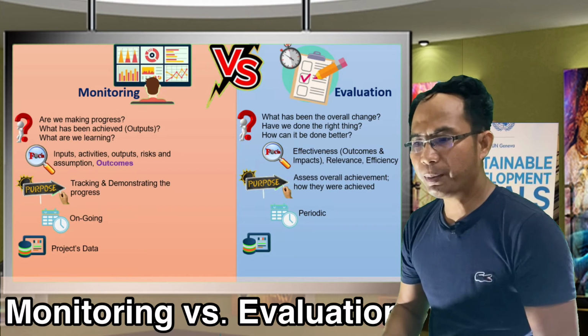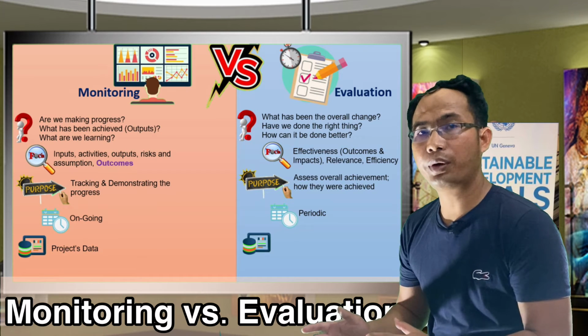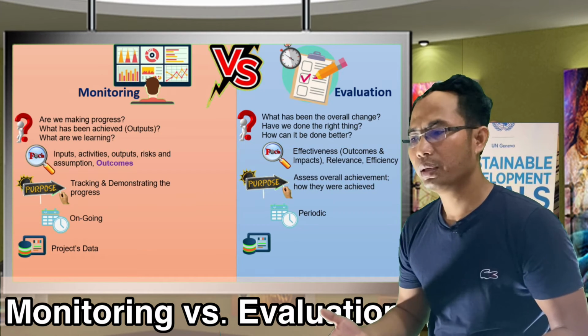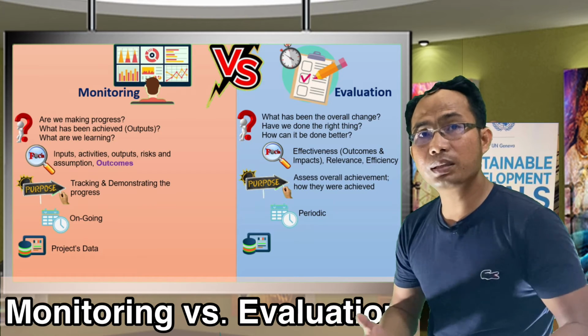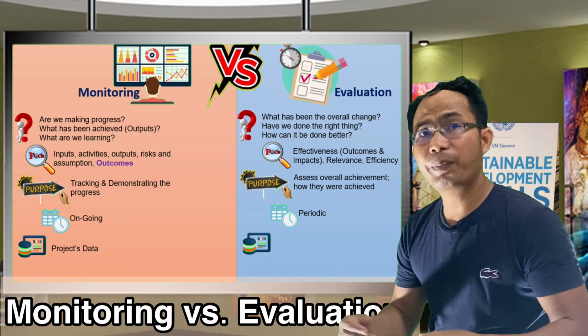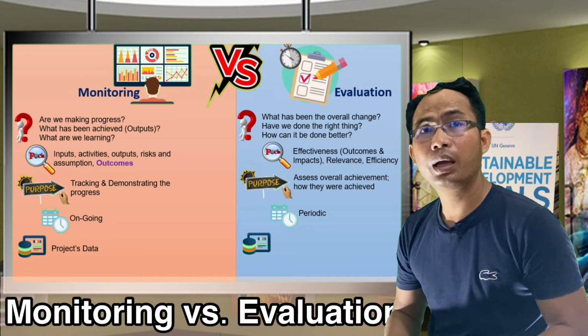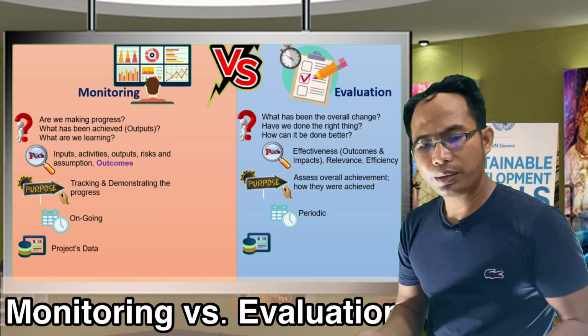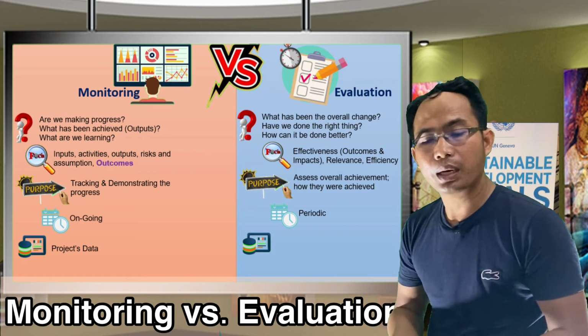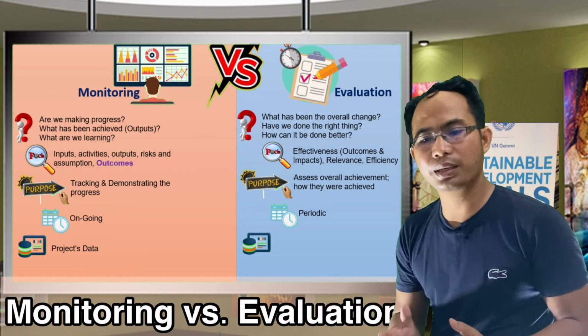You would like to know how many people have been reached through your intervention in the previous 6 months or in this quarter. You will look at the attendance list that you have collected in this quarter, and then you make the data analysis. Then you can interpret the data, demonstrating your progress against the output.